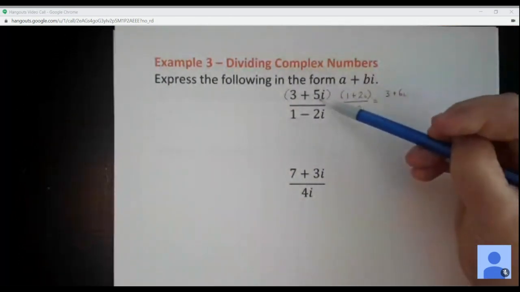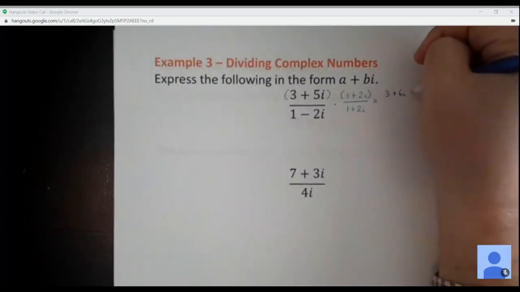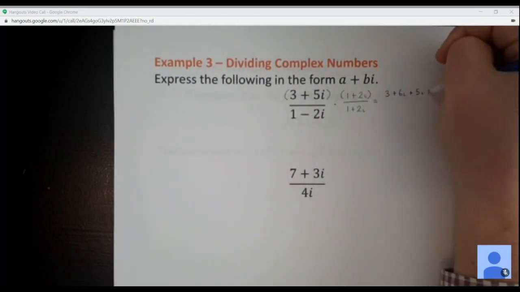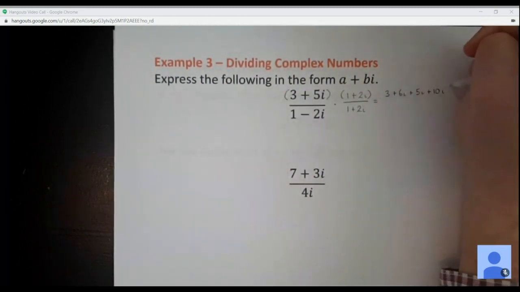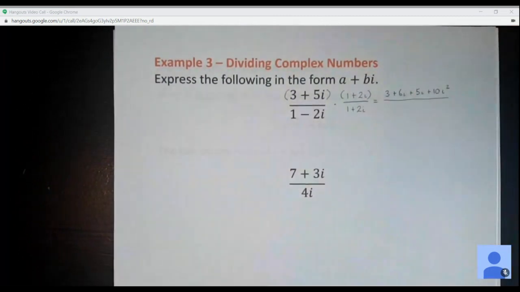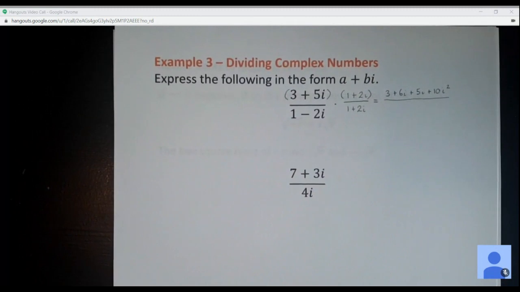Inner terms, 5i times 1 is going to give us a positive 5i. And then 5i times 2i is going to be positive 10i squared. So that's just our numerator now.